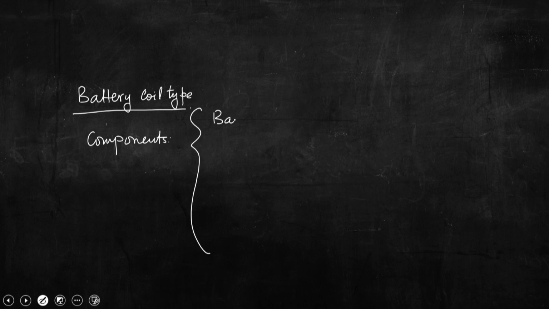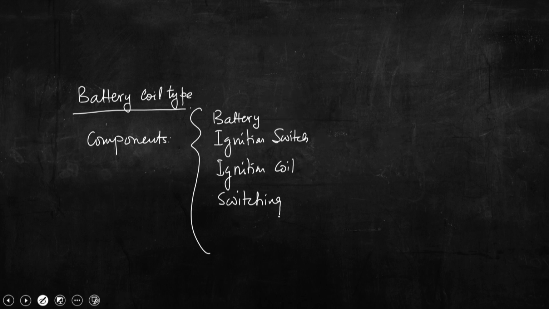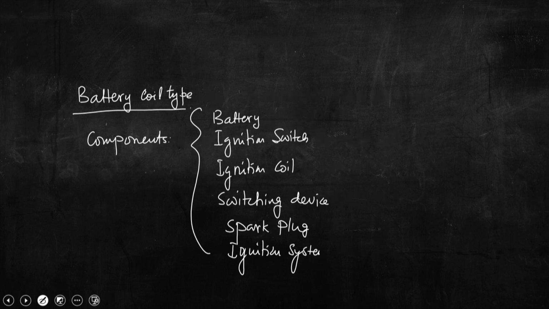Certainly you can understand the battery will be there, the ignition switch will be there, then the ignition coil, then the switching device, then the spark plug, and then the ignition system wiring.